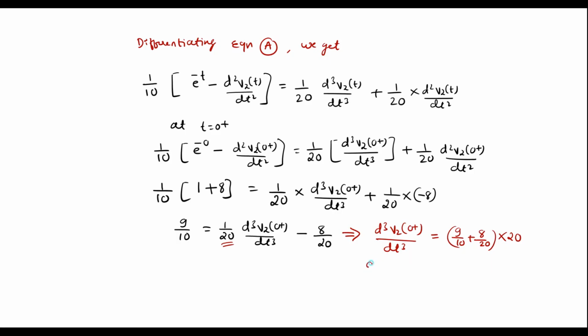Let me simplify. That is d cube v2 of 0 plus by dt cube is equal to 26 volts per second cube. So this is the third derivative of v2 of 0 plus. Thus we found the solution for the given problem. Thank you for watching.